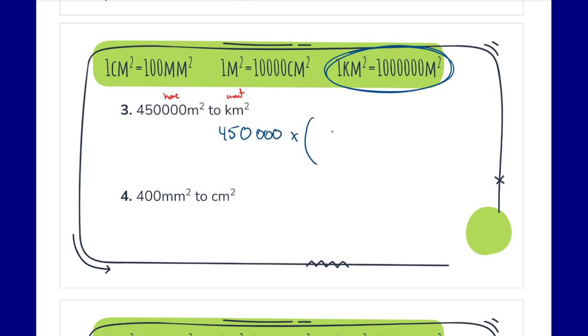We want kilometers squared on top, so 1 kilometer squared divided by 1,000,000 meters squared. So 450,000 divided by 1,000,000 equals 0.45 kilometers squared.